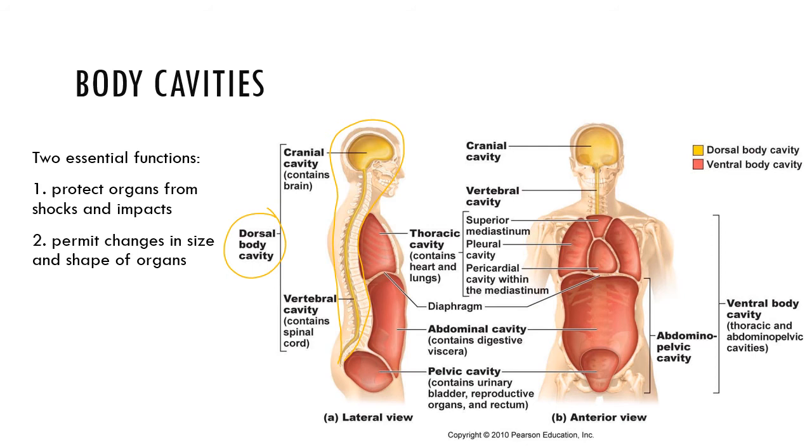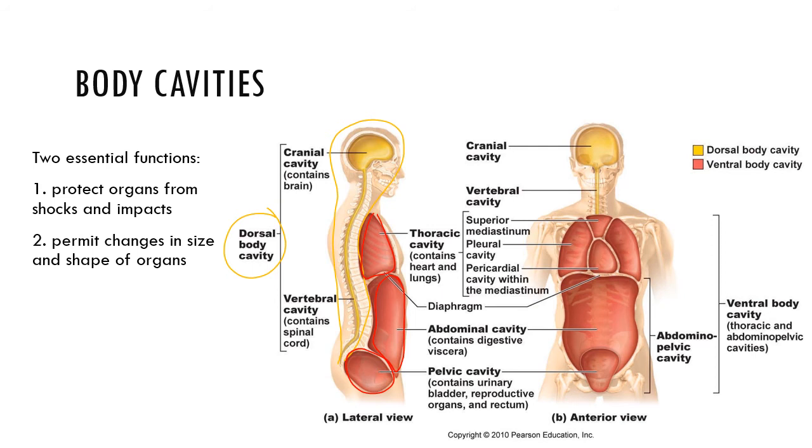We have our thoracic cavity, which contains the heart and lungs. We have our abdominal cavity, which contains our abdominal digestive organs, and then we have our pelvic cavity right here, and that contains our urinary organs, bladder, part of the ureters, and reproductive organs, and part of our digestive organs too.